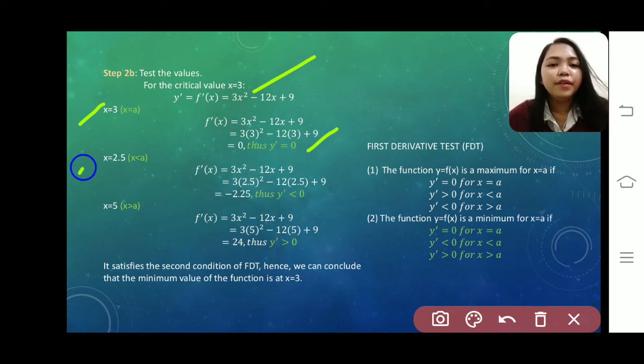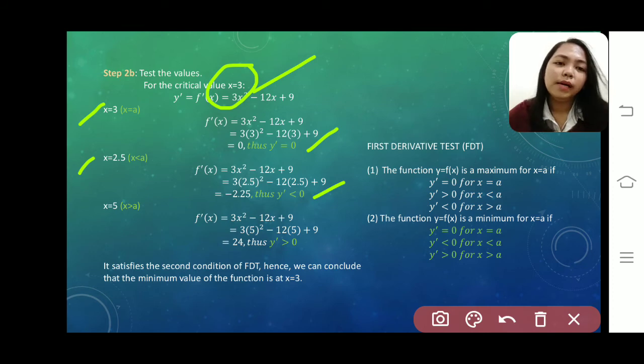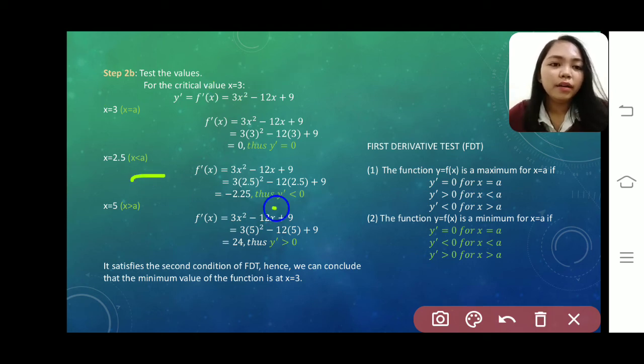And then, for values of x less than a, so less than 3, I considered the value of x as 2.5. So, we have negative 2.25, meaning at x less than a, y prime is less than 0.